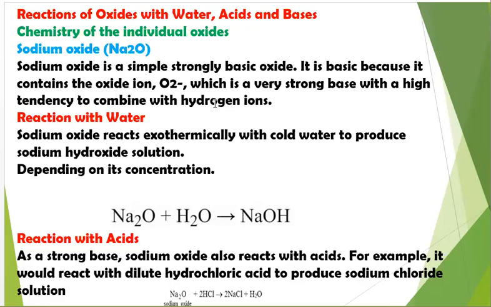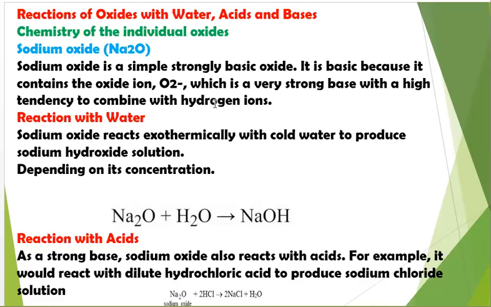And OH- ion shows the basic behavior in a solution. So we say that sodium oxide is a basic oxide because it produces O2- ion, which combines with hydrogen to form the hydroxide ion, a basic ion.